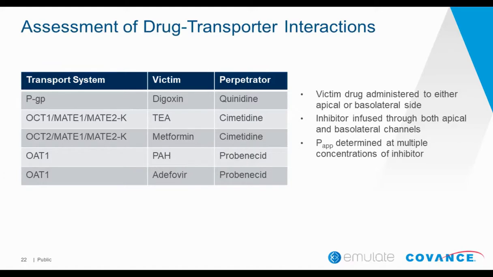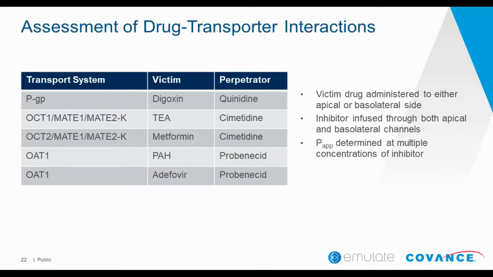Again, we set these experiments up looking at compounds that are appropriate within the guidelines presented by the various regulatory bodies, as well as setting this up in a physiological manner. In the experimental setup, the victim drug was administered to either the apical or the basolateral side of the chip, so that we could look at the different efflux ratios.